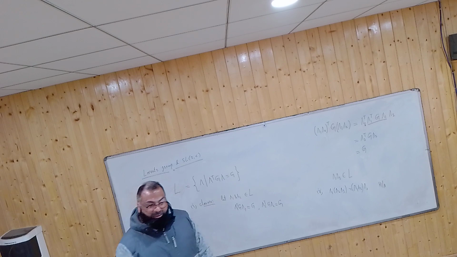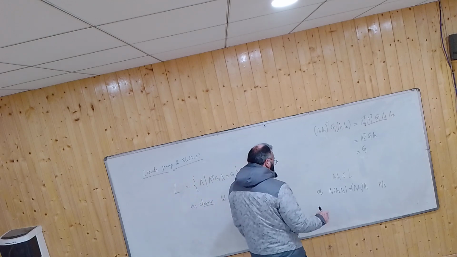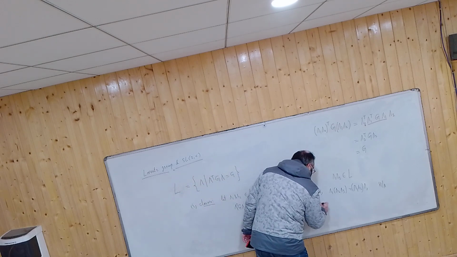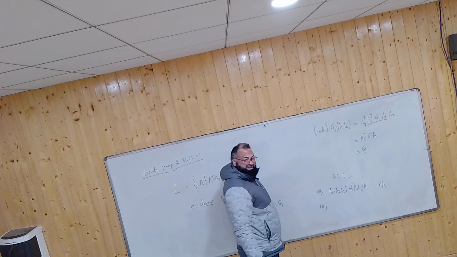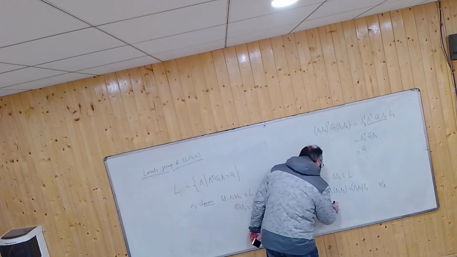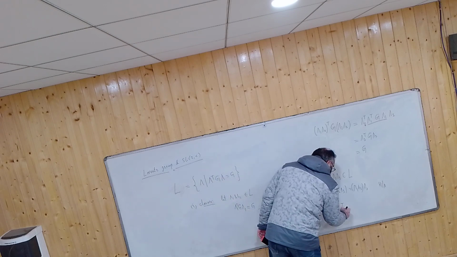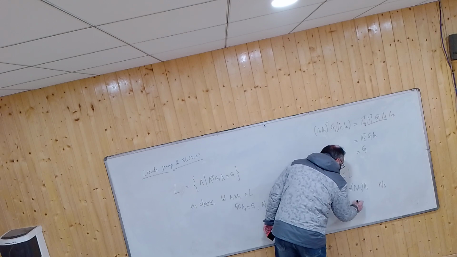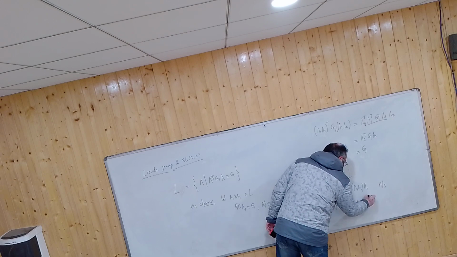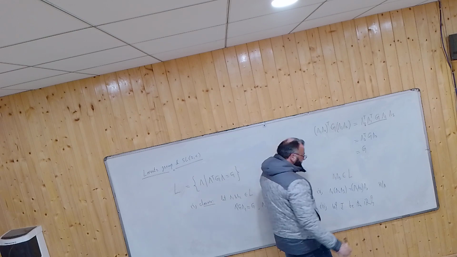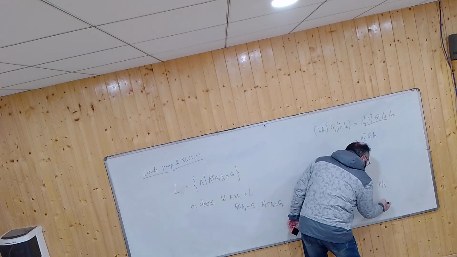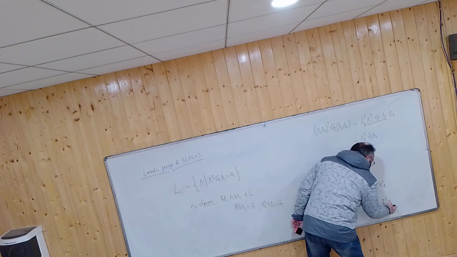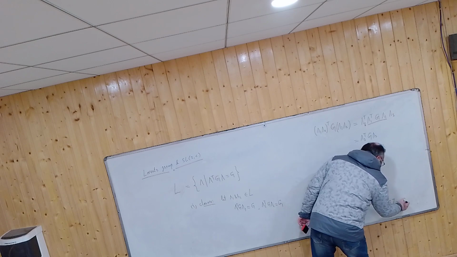Got it? Now what is another object we need to figure out? Whether there exists an identity or not. Clear? So let's write, let I be the identity. If this is an identity, then identity transpose G identity is equal to what?